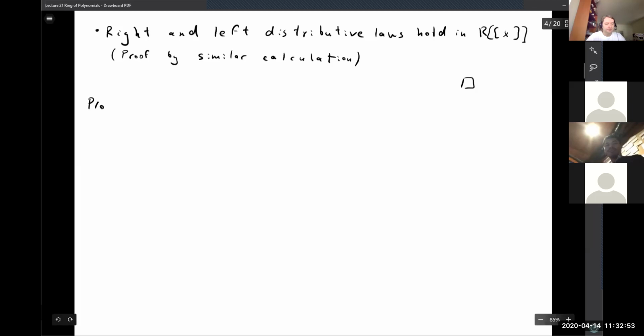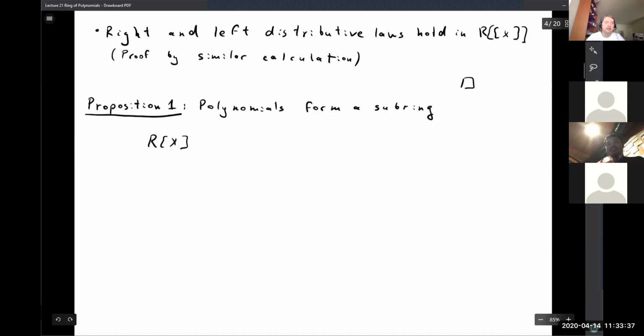The main application for us will be Proposition 1: polynomials form a subring of the ring of formal power series, which is denoted by R with single square brackets X.